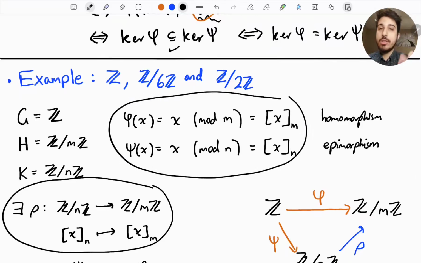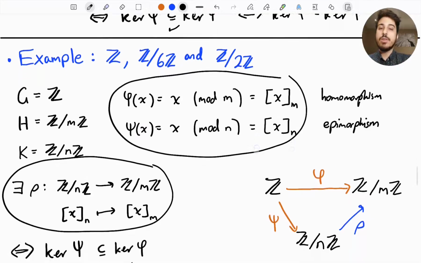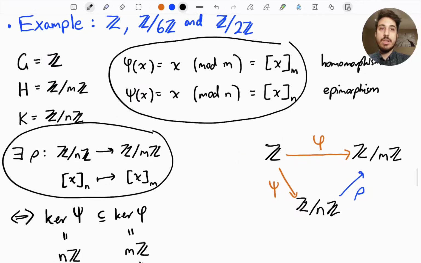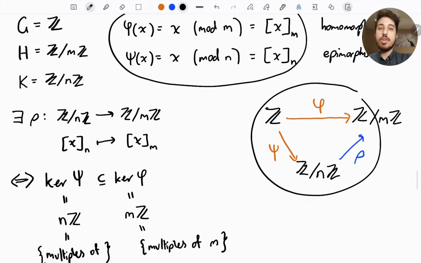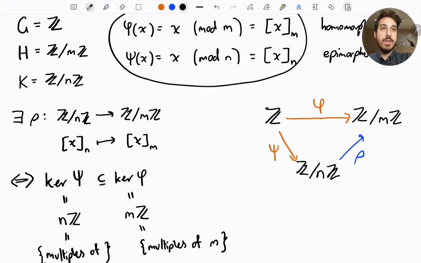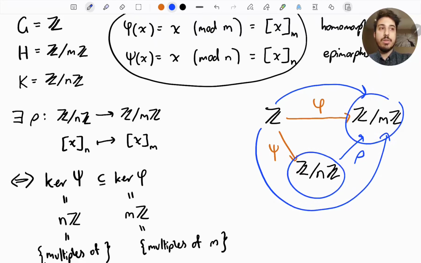Of course, if we change the definitions of phi and or psi, then the rho will change accordingly. The rho is specifically designed to make this diagram a commutative diagram. That means that whether you go in this direction, taking an integer straight to Z/mZ, or you go the long way, taking an integer, making it modulo n and then modulo m, the rho will make sure that your trip is going to be the same either way.